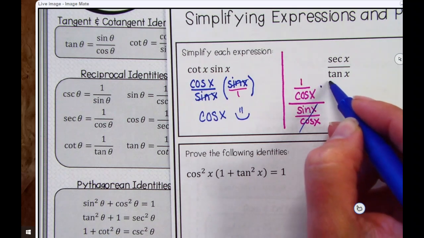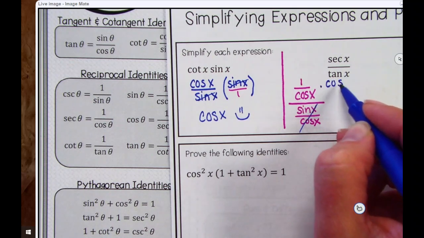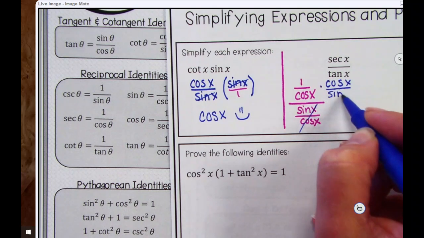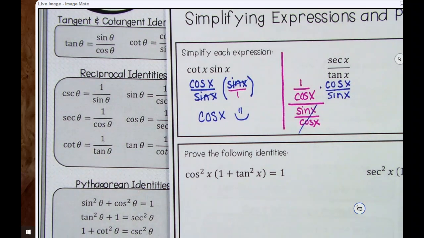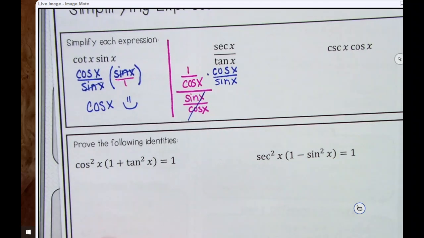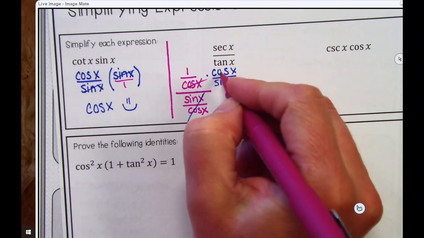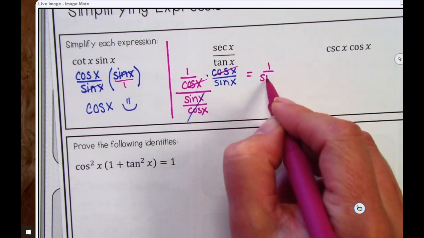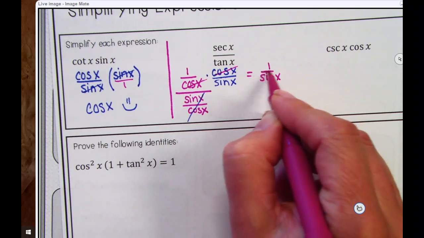So times by cosine over sine. Can my cosines cross cancel? Absolutely. And now I have 1 over sine of x, but that is not the most simplified version.